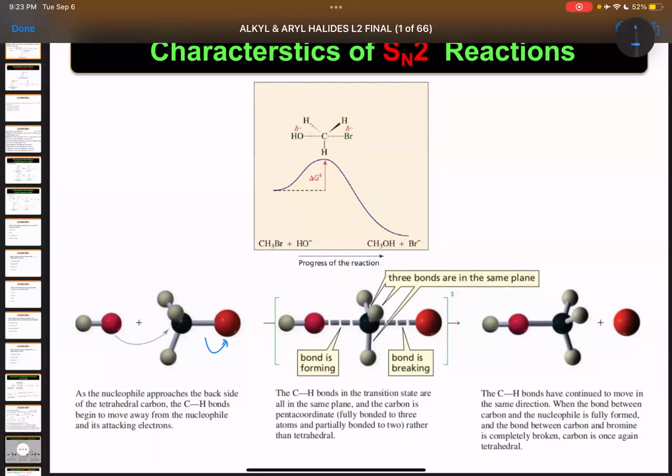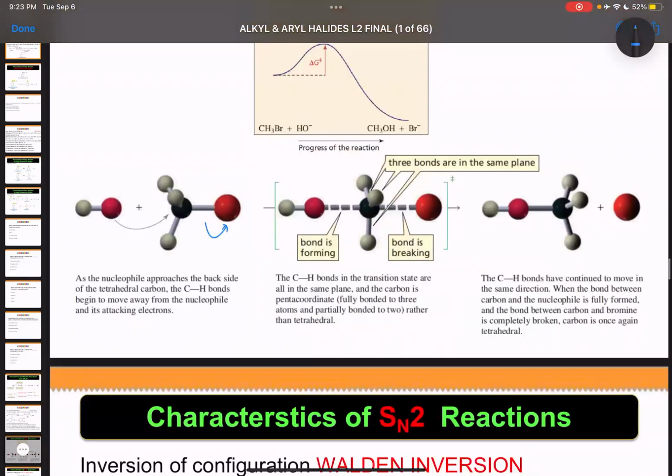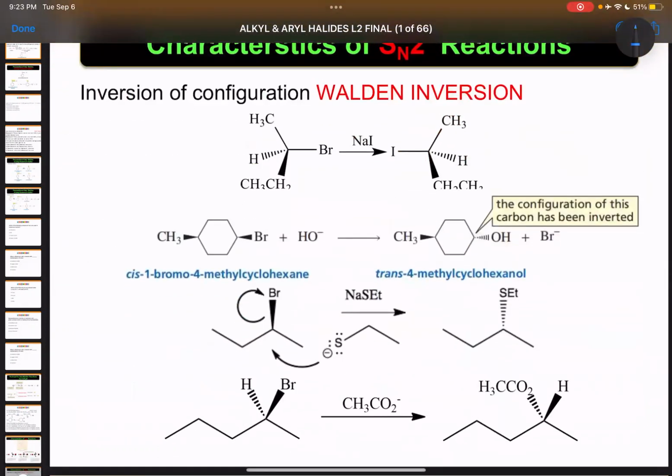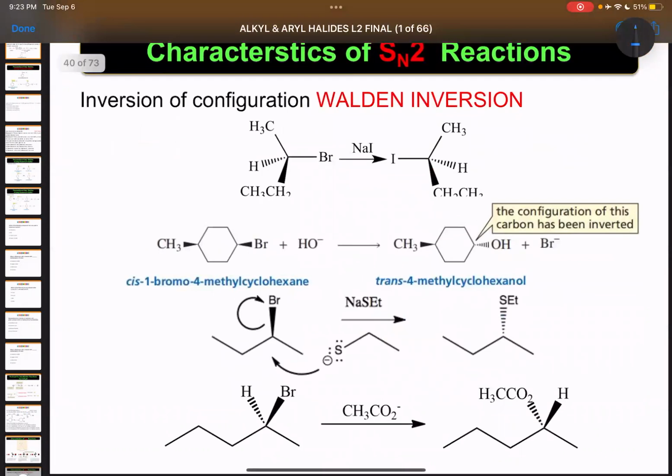The groups will be connected at the same point, but inversion of configuration occurs, because it is just one step, so you can't actually change the position. If you look at the 3D orientation of the bonds, and it is a chiral carbon, you observe that an inversion happens at the chiral carbon. So why does it happen?